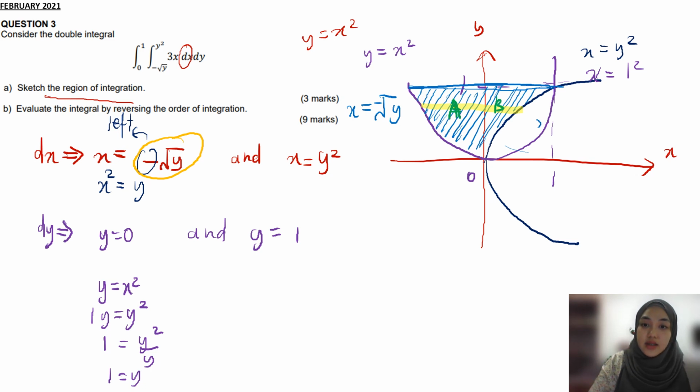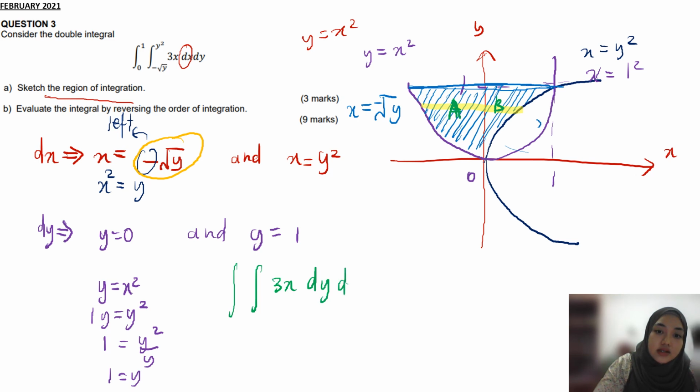This one is for B. Because later there is an intersection here. Okay, I recommend you to split this one. So for this one, the integral 3x dy dx plus the integral 3x dy dx.